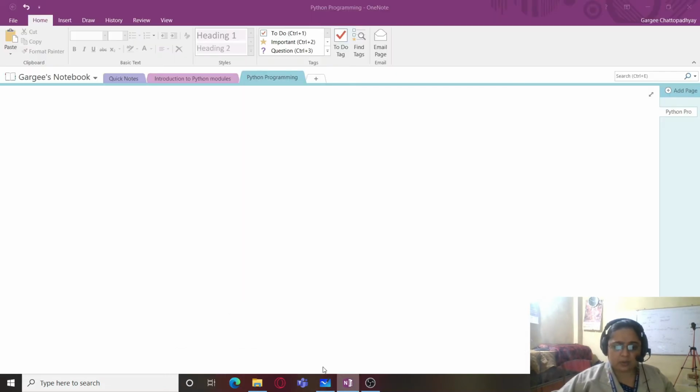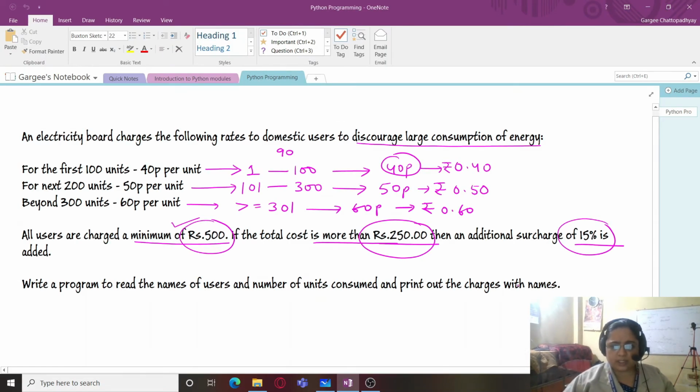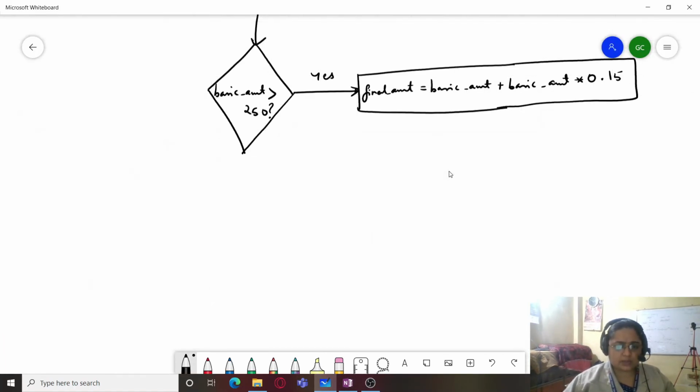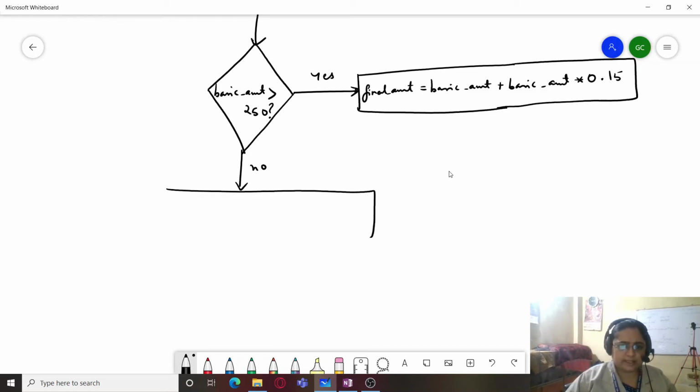And what is the output required? Print out the charges with names, that is along with the name of the consumer. So once this is done, I can write, if basic amount doesn't exceed 250, you can simply write final amount equals basic amount.